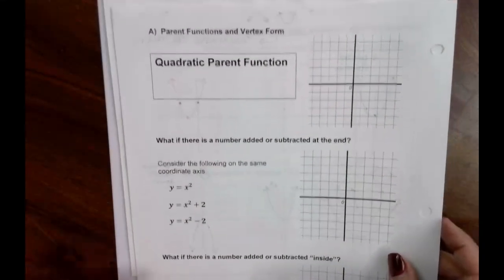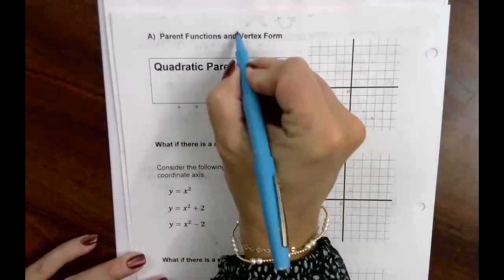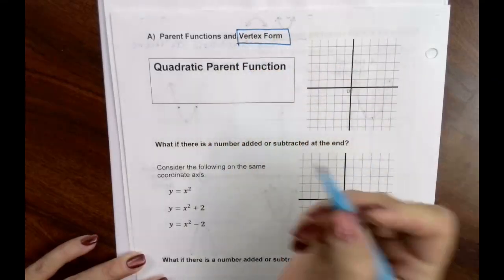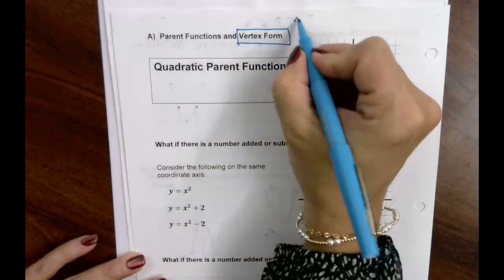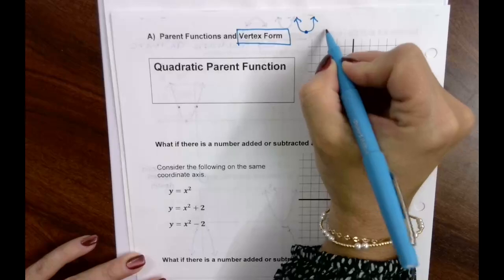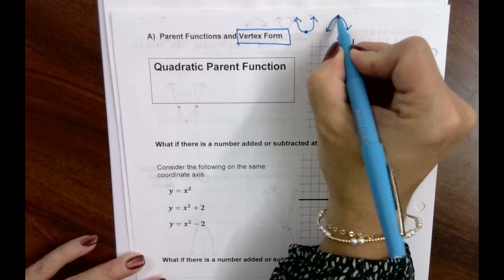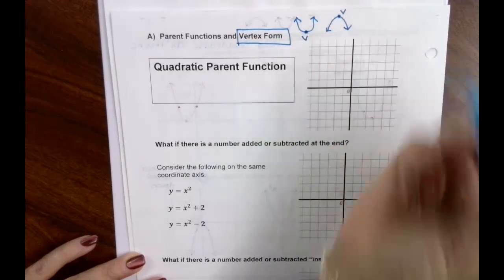All right? Okay, so when we talk about this, sometimes it's going to be easier for us to graph if we're in this form called vertex form. And vertex tells us where the bottom of our graph is or where the top of the graph is. So this would be my vertex.